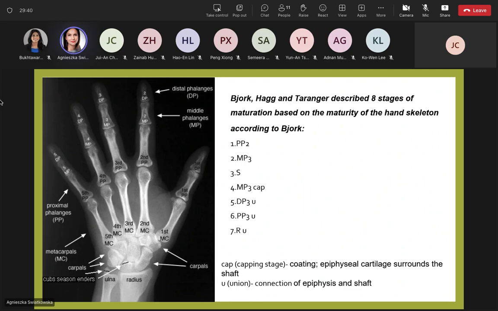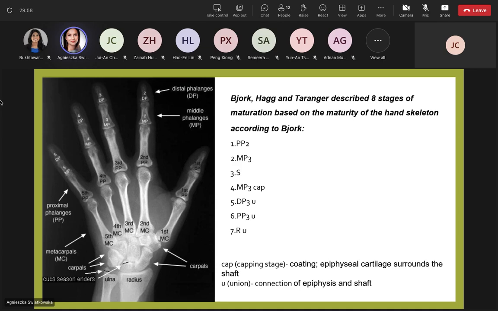That's why we think about reducing X-rays to a minimum. That's why nowadays we use different kinds of X-rays.